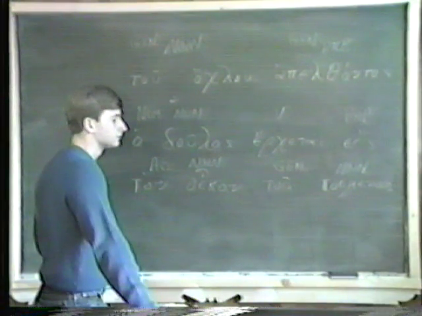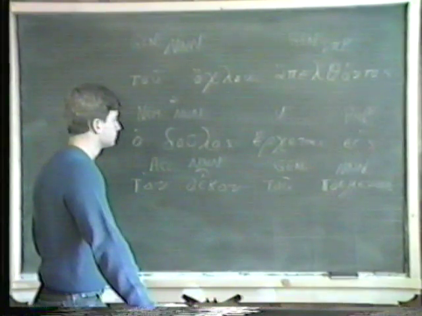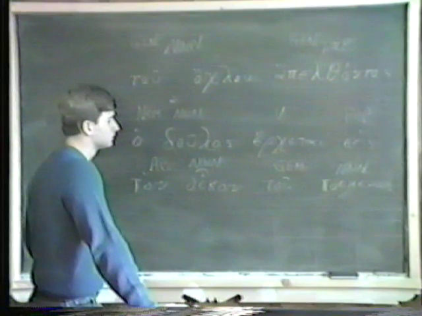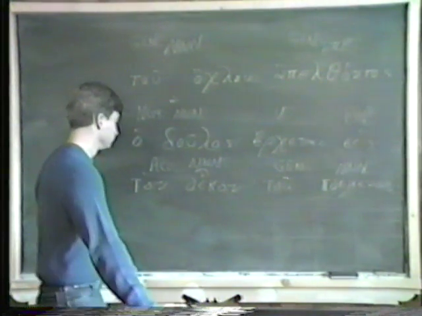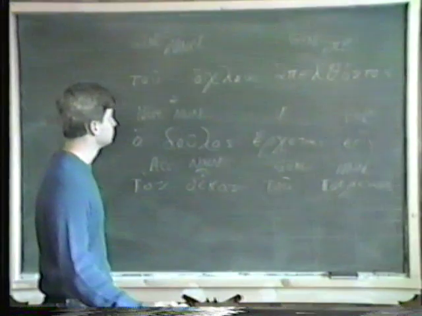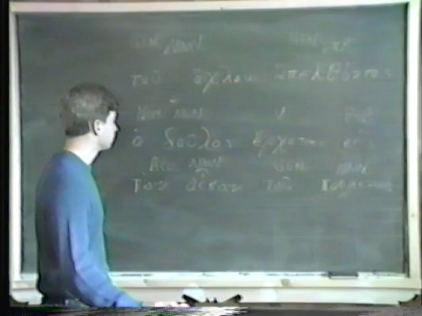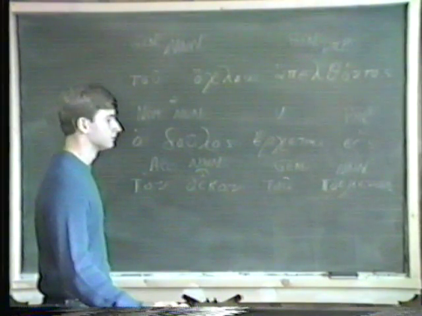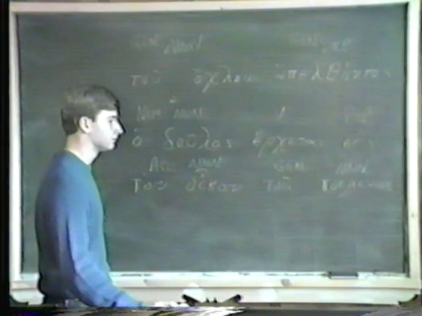All right, I've got a genitive noun and a genitive participle, a nominative noun, and I've got a verb, and I've got a preposition that goes with the accusative noun, and I've got another genitive noun. Well, I take a look at this, and I've learned something by virtue of a lesson, haven't I? That when I find a noun in the genitive and I find a participle in the genitive, I get very suspicious about something, don't I?